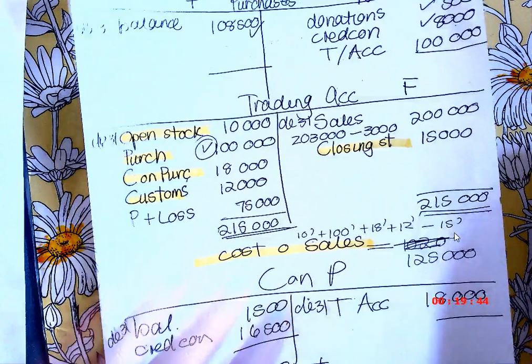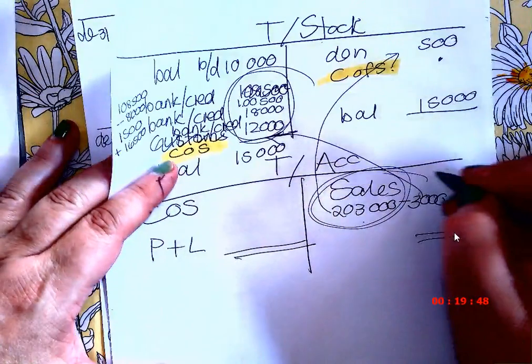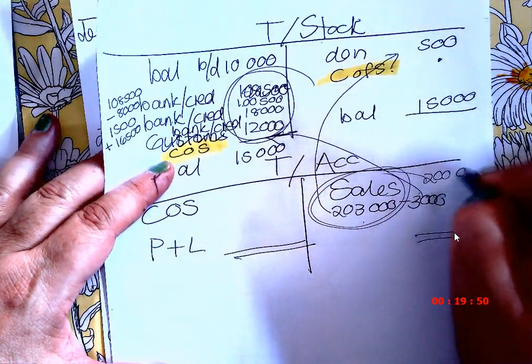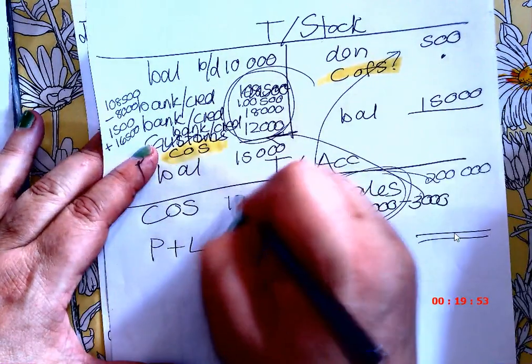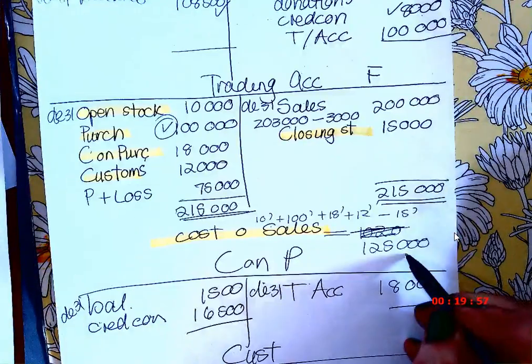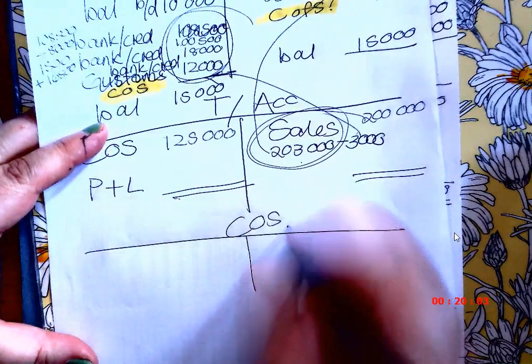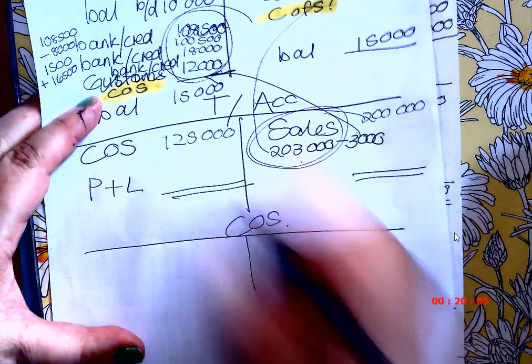Okay, and if I go to this trading account, my sales is still 200. Now I know my cost of sales is 125. Would I have calculated it like this? No, I would have taken it from the T account, cost of sales. I would have closed that off.